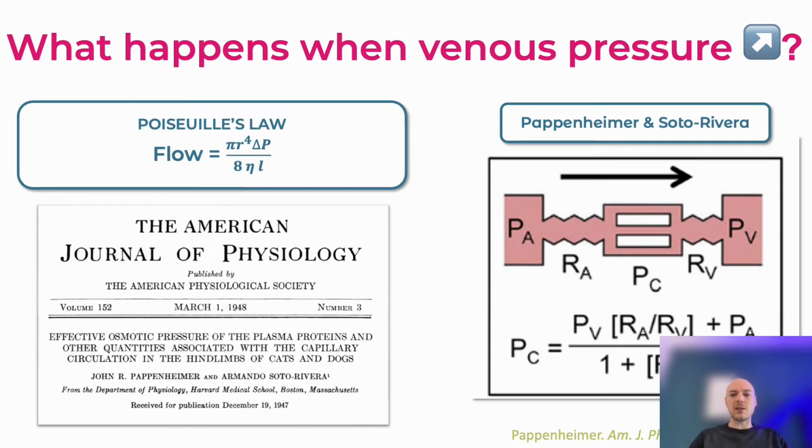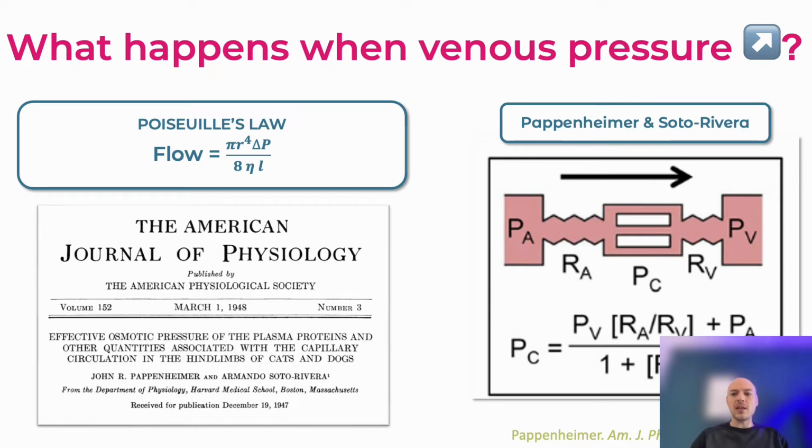Another hint to the mechanisms behind microcirculatory alterations induced by venous congestion comes from the Pappenheimer and Soto-Rivera equation, first described in 1948. This equation outlines a key role of venous pressure as a contributor to hydrostatic pressure within the capillaries.